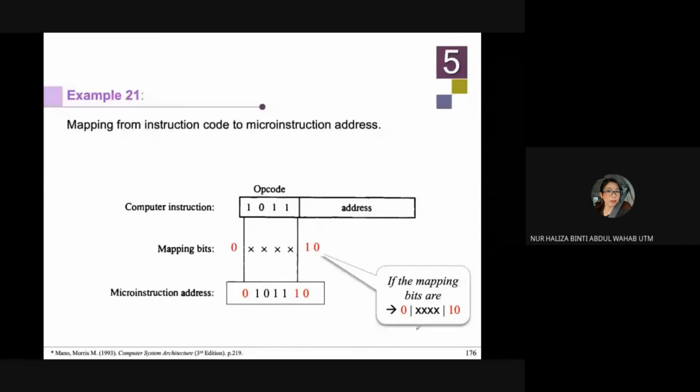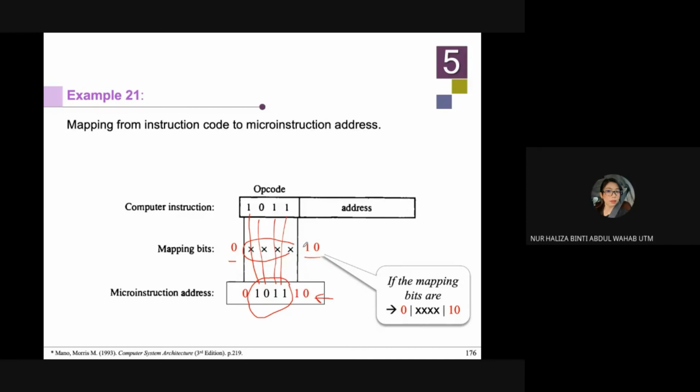Let's say you are given the opcode 1011. If the mapping bits are 0, XXXX over here, using direct mapping, you bring it all down to fill in your microinstruction address. Then this is your new microinstruction address.